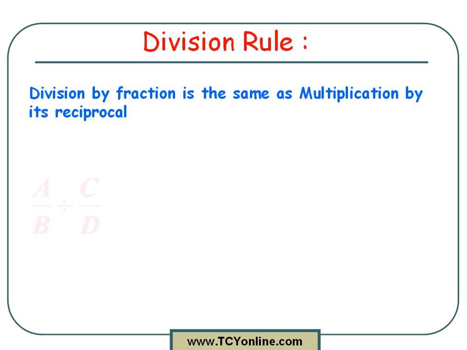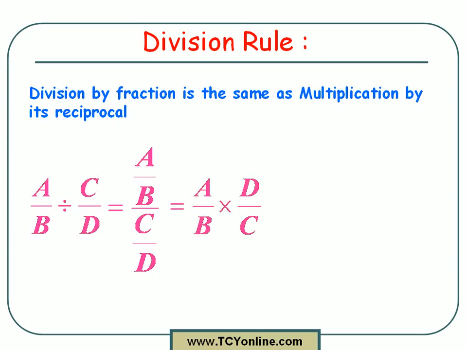For example, I have two fractions a over b and c over d, and I divide these two fractions. So a over b divided by c over d can also be written as a over b whole divided by c over d. Now we can write down the denominator, that is c over d, in a reciprocal form and change the division sign to multiplication.